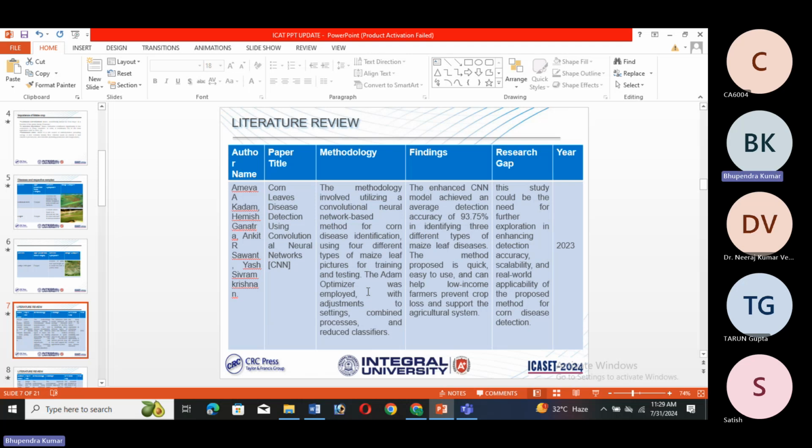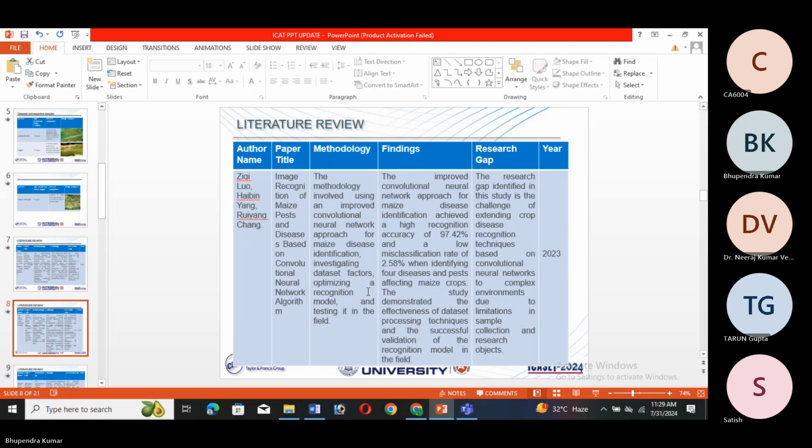The next literature is image recognition of maize pest and disease based on convolutional neural network. In this research, the accuracy improved to 97.42%, and the miscalculation or loss is 2.58% when identifying a disease.